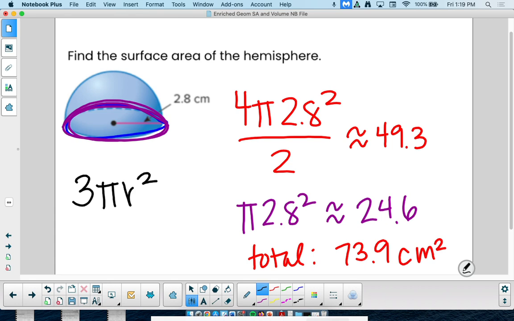If you want to write that down in your notes, that's up to you. If this makes more sense, leave it like this. If you type in the 3 pi r squared, you get about the same answer. Whatever works for your mind, there is more than one way to do it.